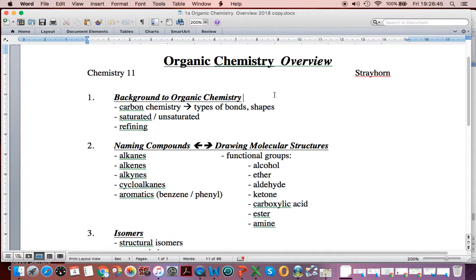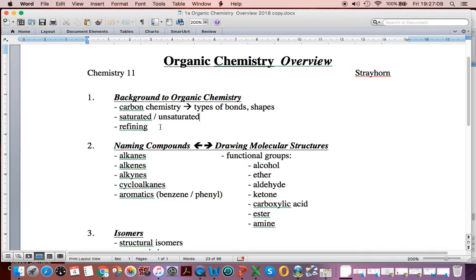And everything around us that you can touch and feel and has mass and volume is going to be a chemical. But over time, it was figured out that actually we could make organic compounds in the lab synthetically. We didn't need a living thing to produce it. But the old names of organic and inorganic are still used today.